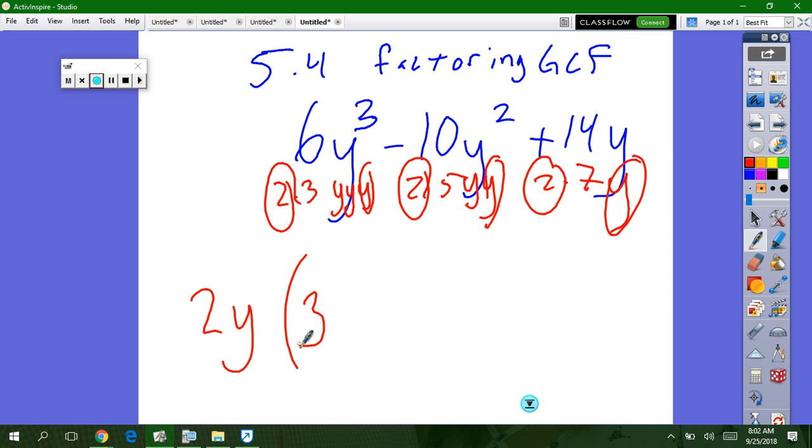So I have a 3y squared, because y cubed divided by y is y squared. You'd have minus 5y here plus 7. Notice basically everything that's not circled is what's left over, right? Okay, basically that's the opposite of what we did last time. Agreed? Okay.